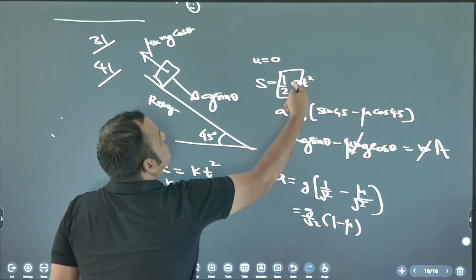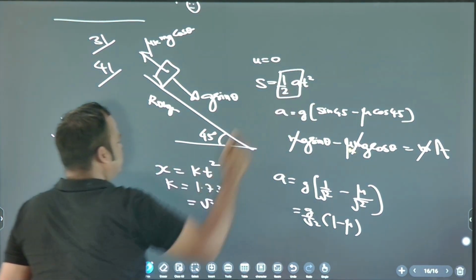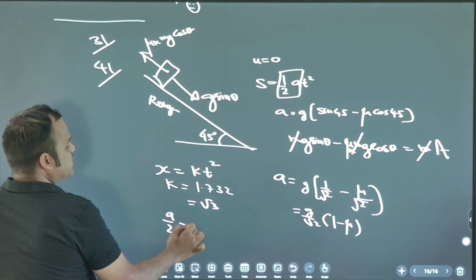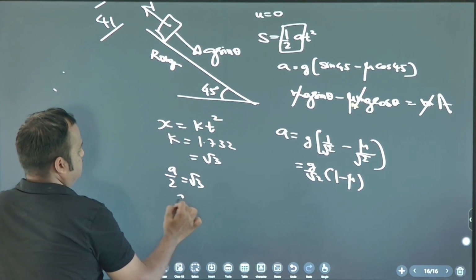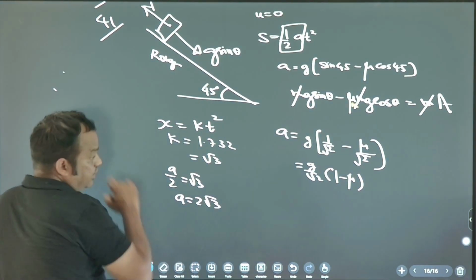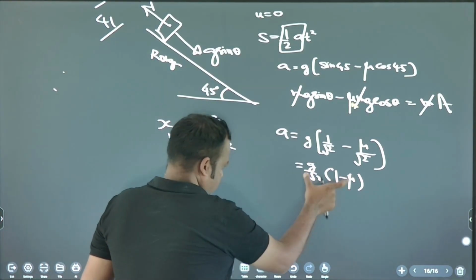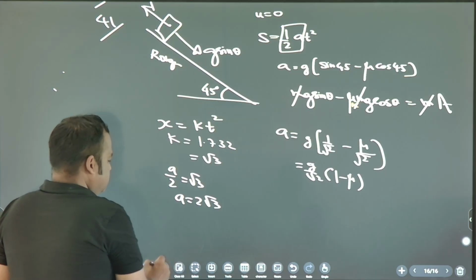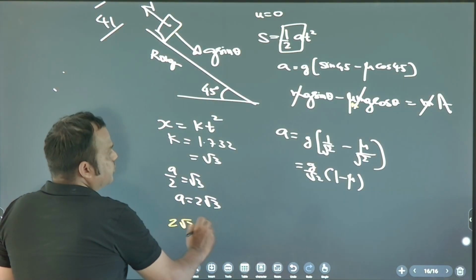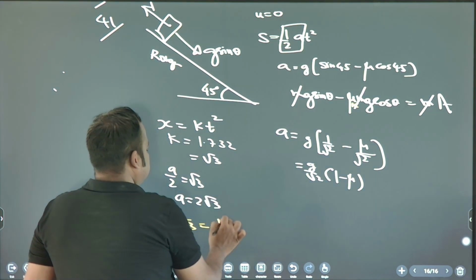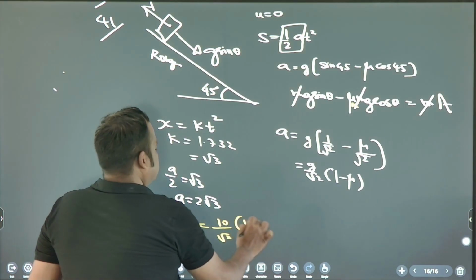What is k? A by 2. So a by 2 is given as root 3. So what is a? 2 root 3. And a is this. Substitute here. So 2 root 3 is equal to this: 10 by root 2 into 1 minus mu.